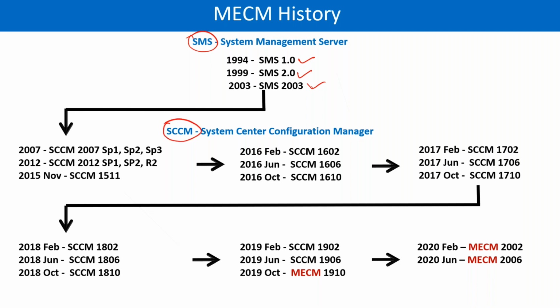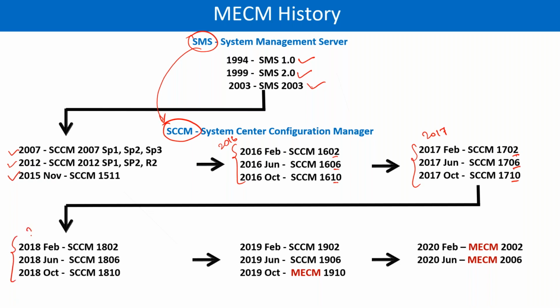And then Microsoft changed the name from SMS to what? System Center Configuration Manager. And that happened in 2007. So SCCM 2007, then SCCM 2012, then SCCM 1511. Then these are the three versions released in the year 2016, like 1602, 1606, 1610. These are the three versions released in the year 2017, 1702, 1706, 1710.